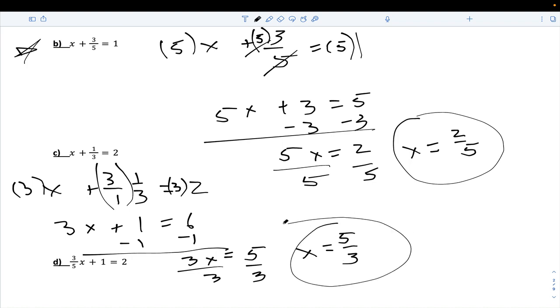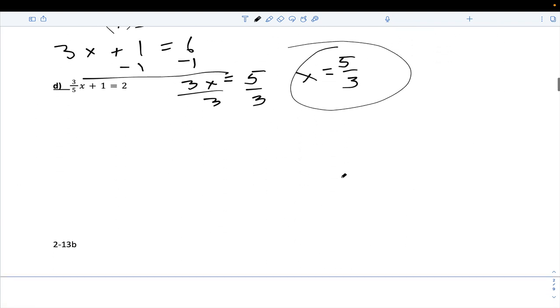Final one, 3/5 x plus 1 equals 2. Do you want to fraction bust this or solve it the normal way, Colton? Fraction bust. Okay. Either way, because the fraction's next to the variable, I could just use a reciprocal, but you could also fraction bust.